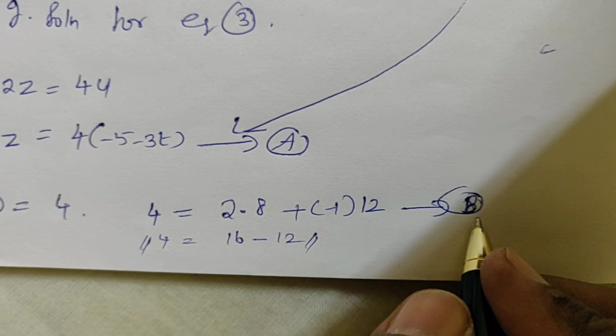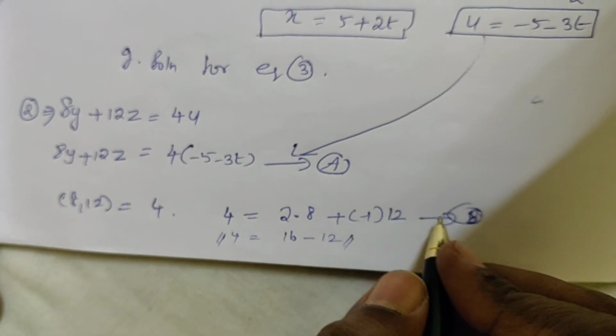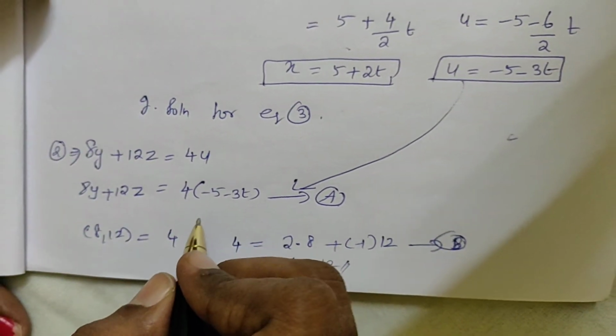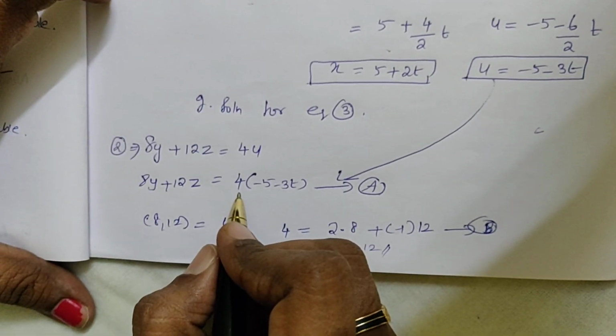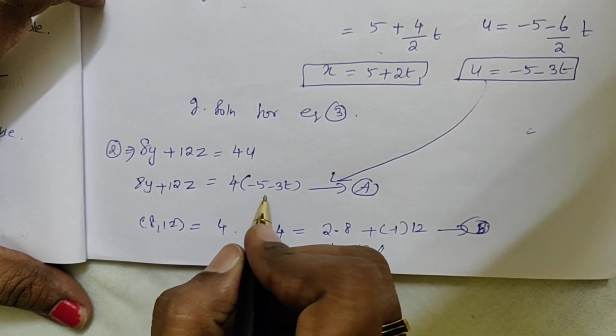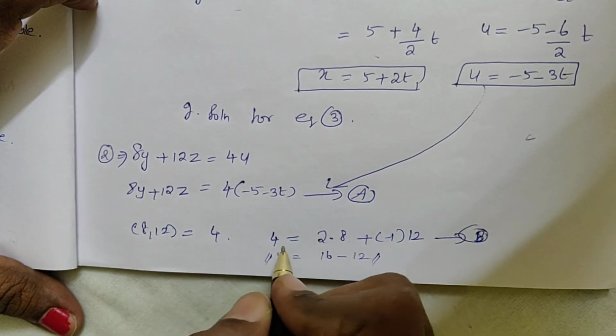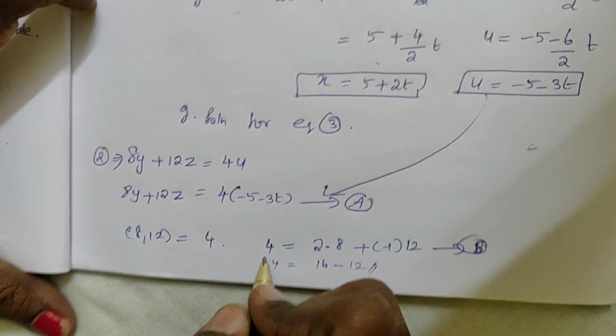So you have to compare this equation B with A. In the right side here in A we have 4 into (minus 5 minus 3t), but in B we have only 4.